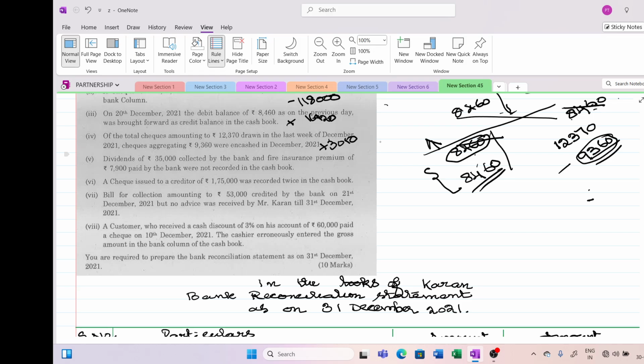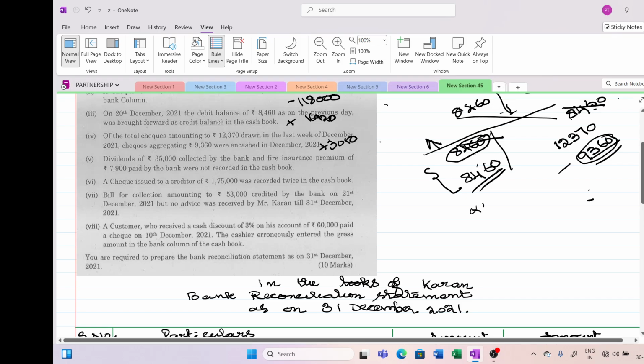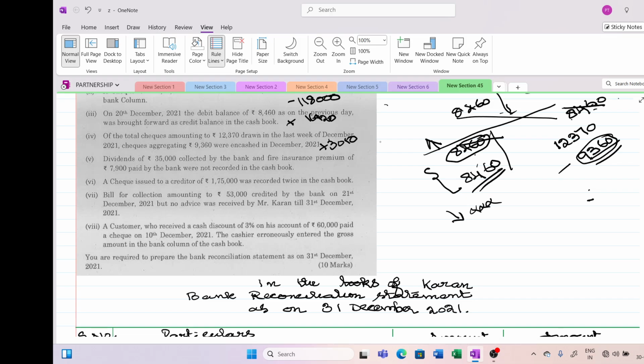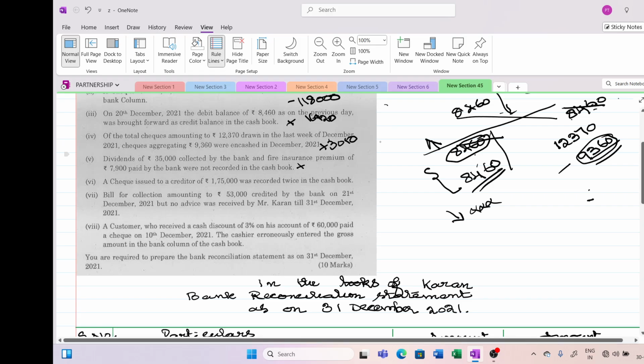Next one, dividend collected directly by bank. So it is not written here because we do not know. So we have decreased the balance by not writing the dividend, but bank would have increased the balance. So you add 35,000. Now the bank has paid 7,900.